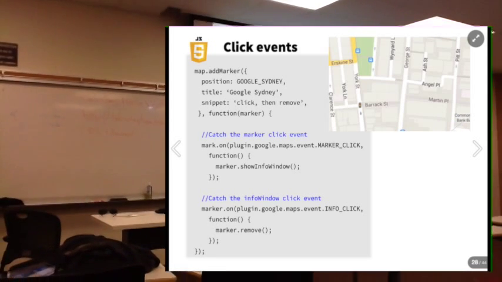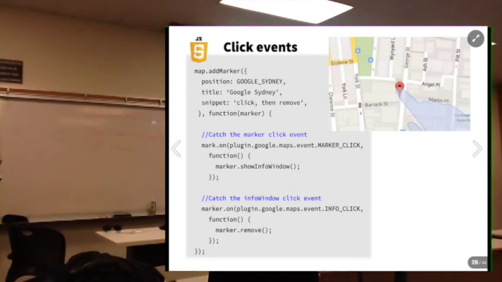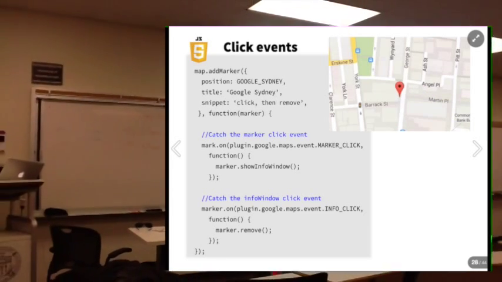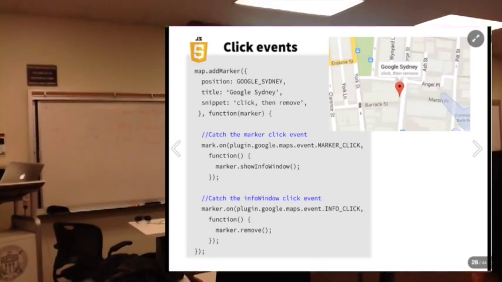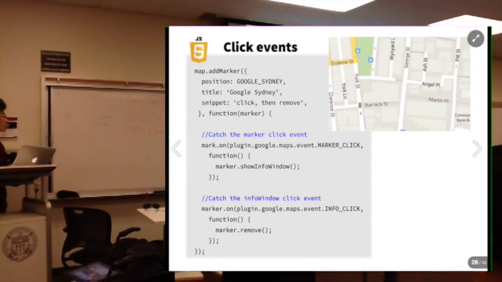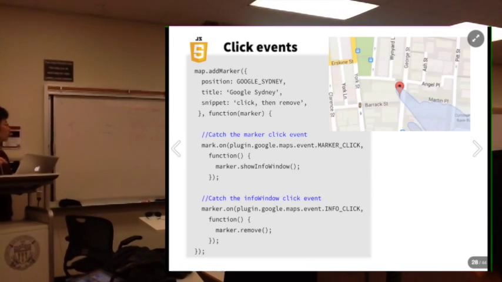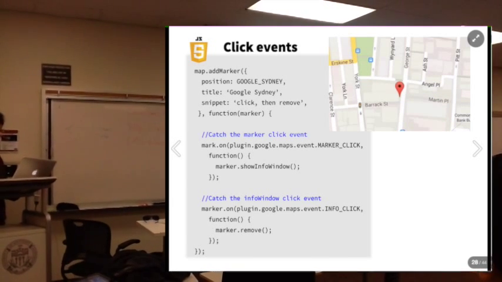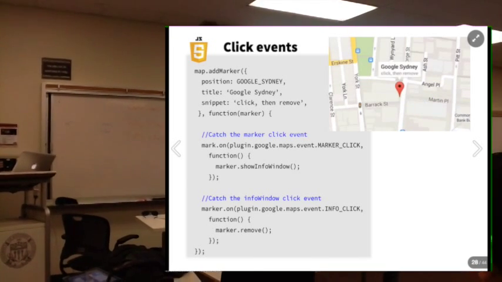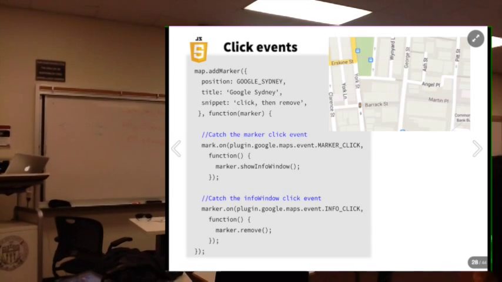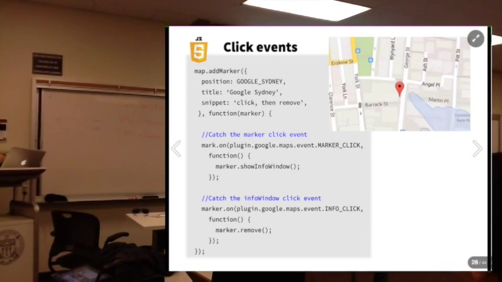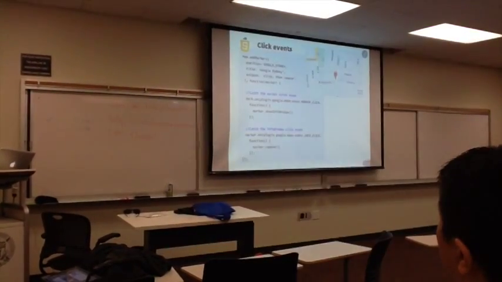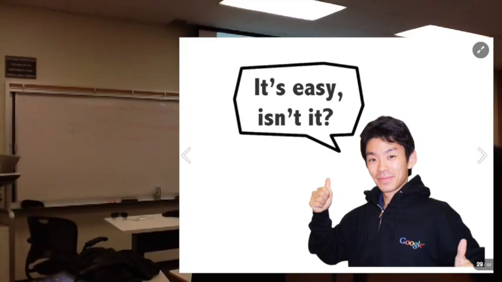Clicking event. Capture the clicking event after the marker is created, with the on method; add event listener is also available. So you can create something like this demo. It's easy.